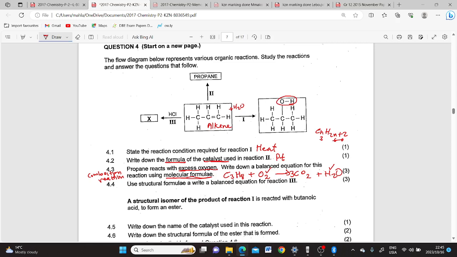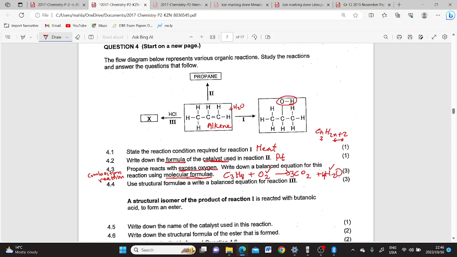And then what is left? We must make sure that we balance the hydrogen atoms. So we have 8 here, so we have 4 H2O, because 4 times 2 is 8. So what is left is the oxygen. Here we have 2. Let's check this side.